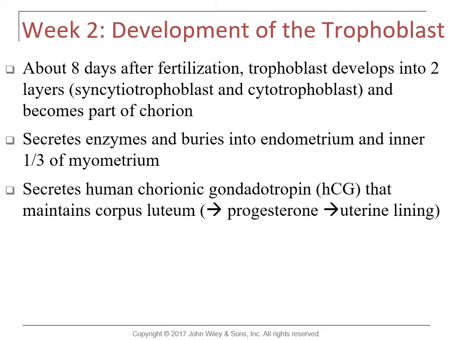The peak secretion of HCG occurs about the 9th week of pregnancy, at which time the placenta is fully developed and produces the progesterone and estrogens that continue to sustain the pregnancy. The presence of HCG in maternal blood or urine is an indicator of pregnancy and is detected by home pregnancy tests.